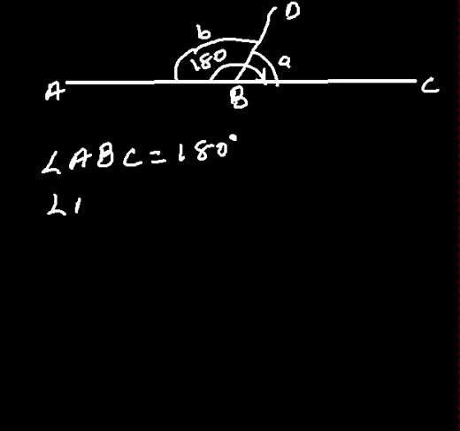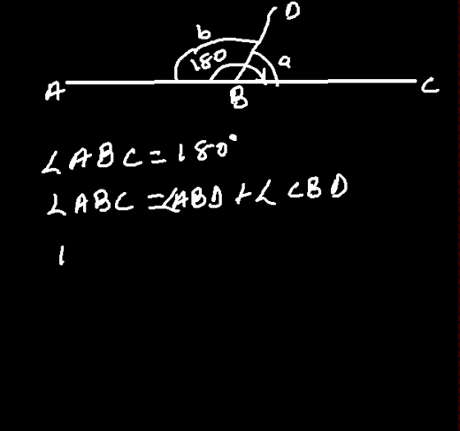But ABC has been divided into two parts. That is the angle ABD plus the angle CBD, like that, of which this is the same as 180 degrees, which is equal to B plus A, which is the same as A plus B equal to 180 degrees.